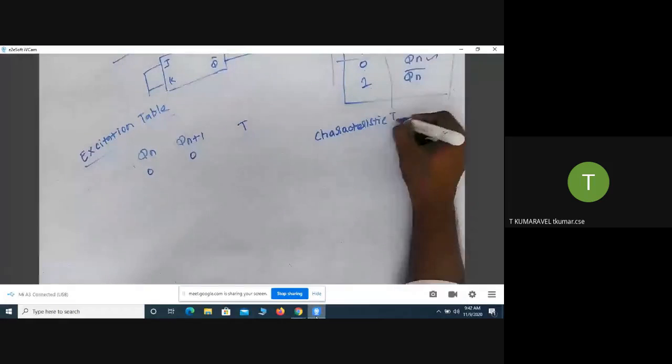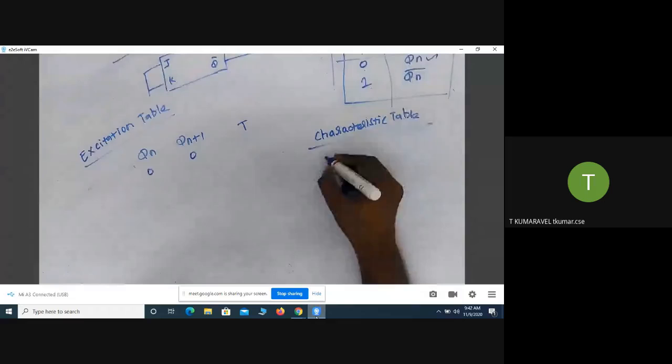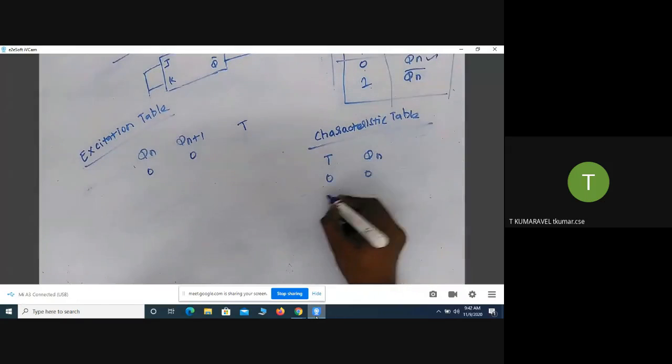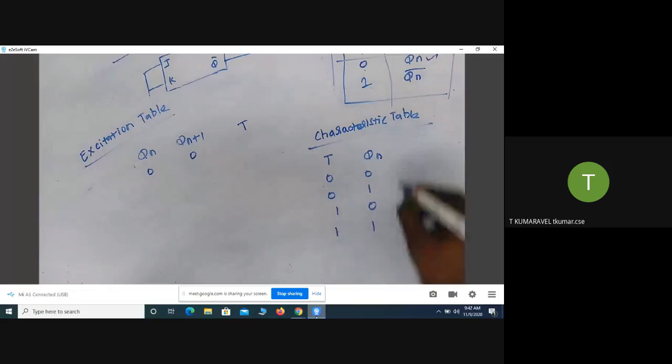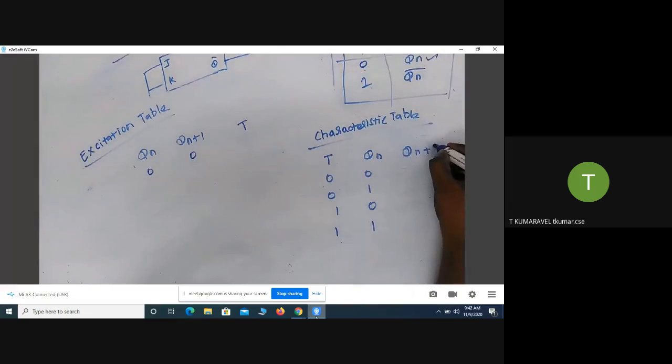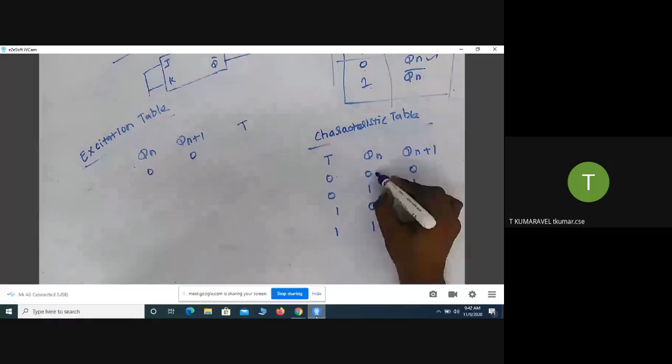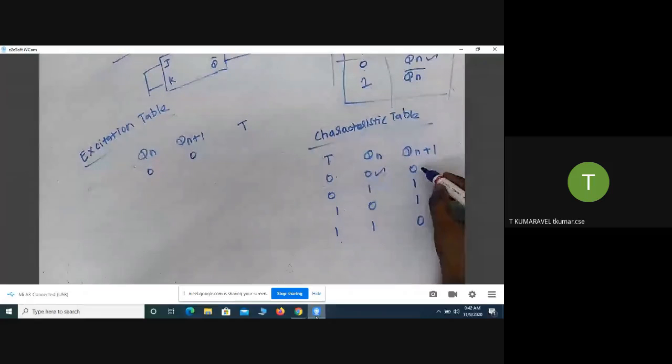What is the characteristic table? Just now we have seen 0 0, 0 1, 1 0, 1 1. If you fill up the table, my previous stage output is 0 and the next stage output is 0. What is the input combination? 0.